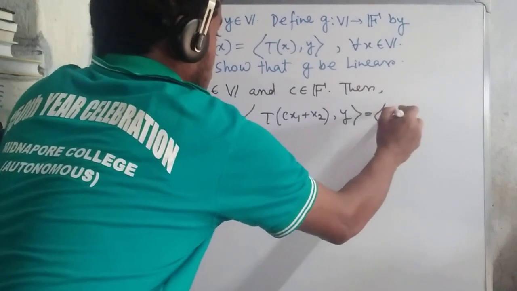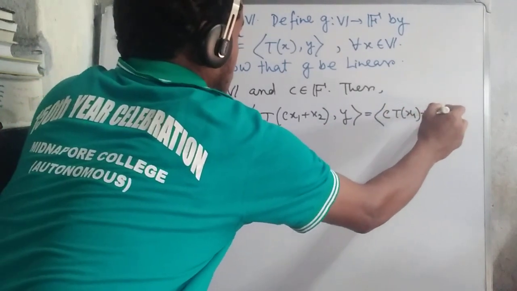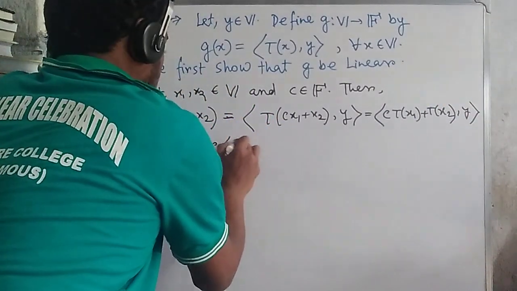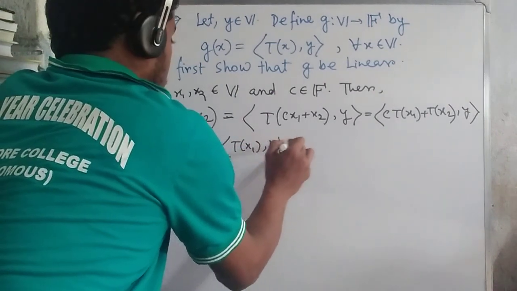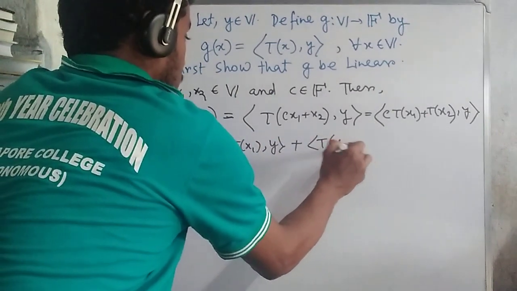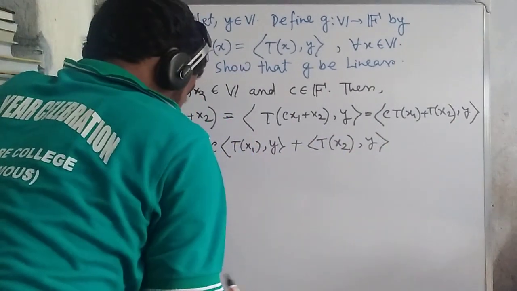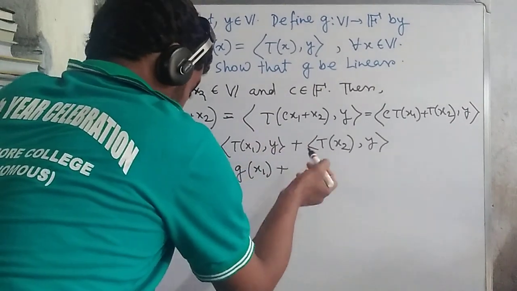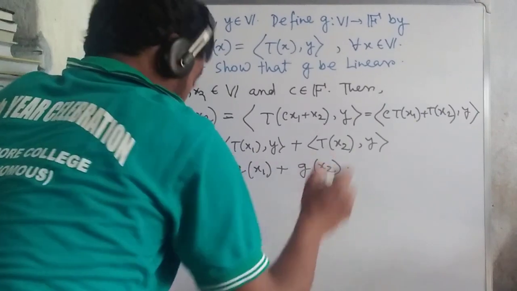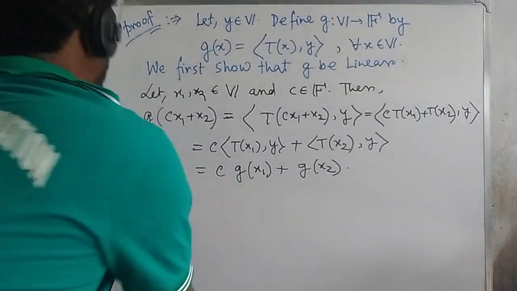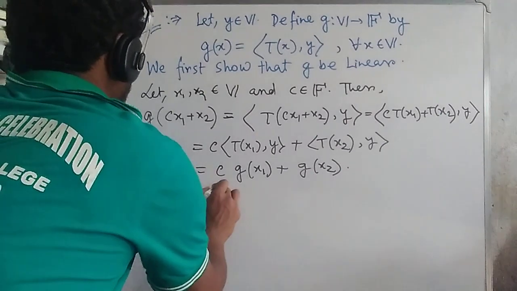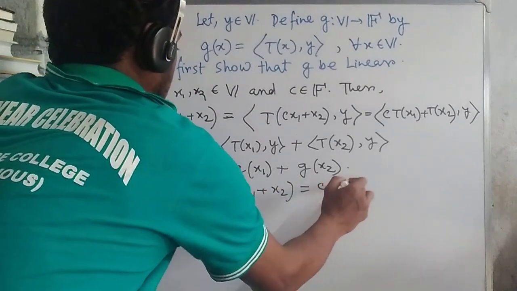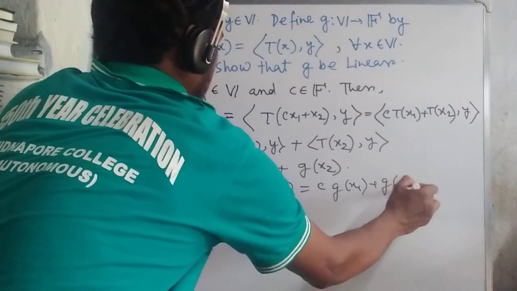Then this equals ⟨cT(x1) + T(x2), y⟩, which equals c⟨T(x1), y⟩ + ⟨T(x2), y⟩, that is c g(x1) + g(x2). Hence g(cx1 + x2) = c g(x1) + g(x2).